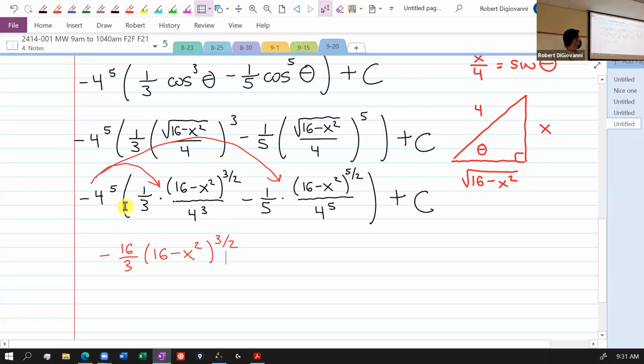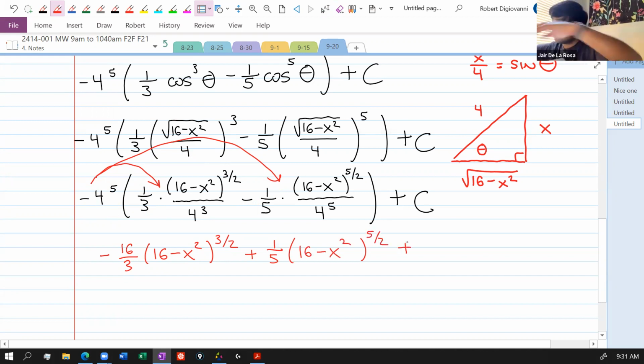And it'll be plus, yeah, plus, thank you. So it'll be plus what? 1/5. 1/5, okay, and then in parentheses, the whole thing, 16 minus x squared to the 5/2, plus c. There it is.